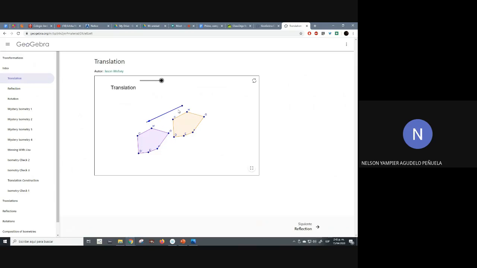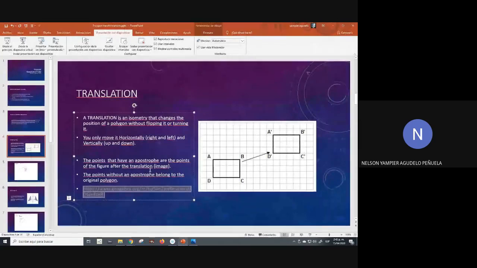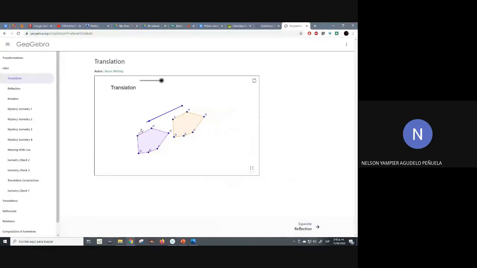So the yellow polygon is the original polygon, and the purple one is the result. We call the result an image. And we use these little apostrophes over the points to symbolize that that is the result of a transformation. Yes?